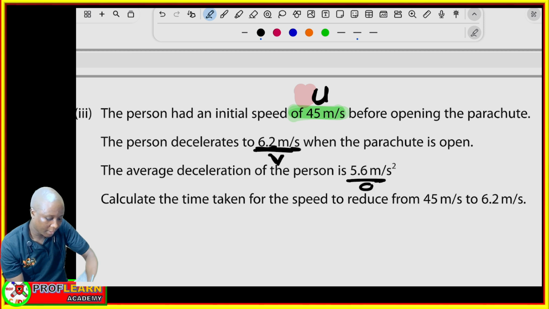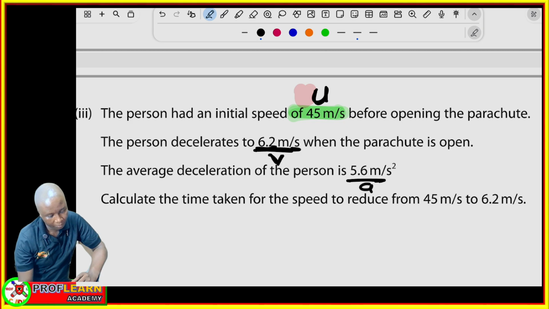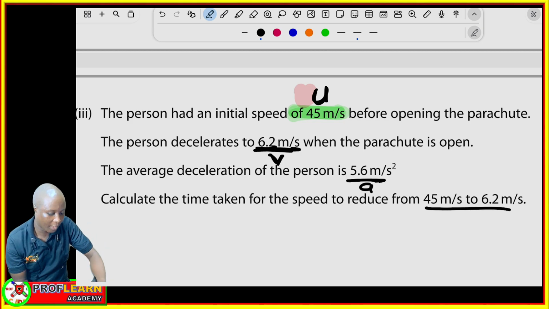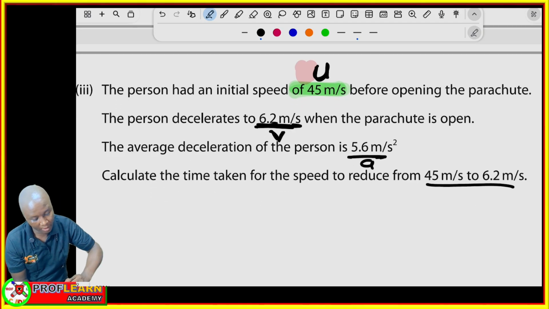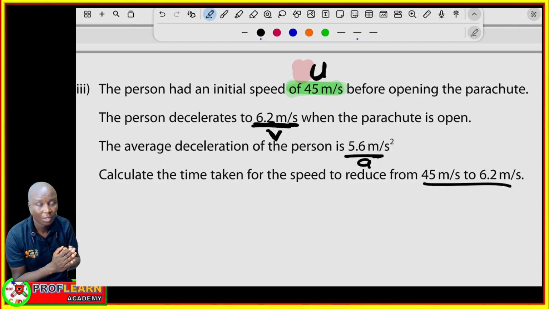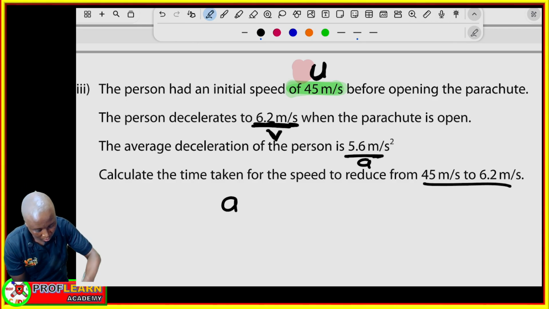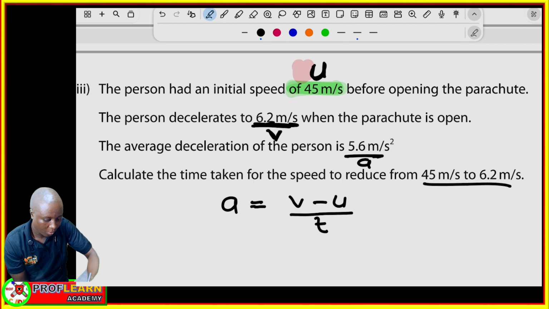Now calculate the time taken for that particular change of velocity. So they were testing the use of the formula for acceleration. Acceleration is equal to v minus u over t.